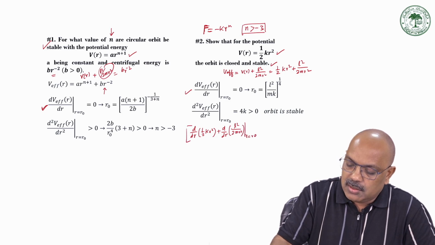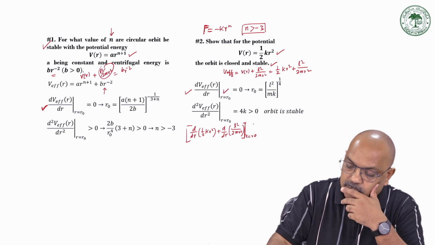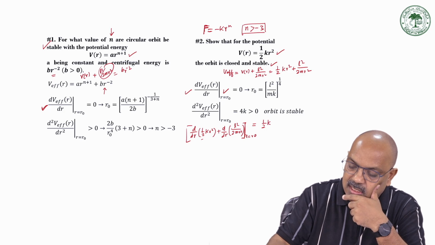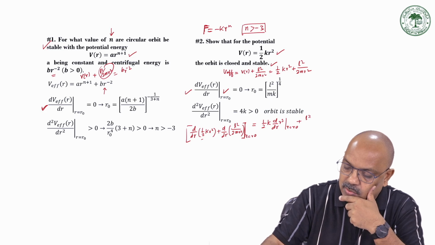At r equal to r naught we have to evaluate it. So this is going to be half k and d/dr of r square at r equal to r naught, plus L square by twice m, which I can take common, times d/dr of 1 upon r square at r equal to r naught.